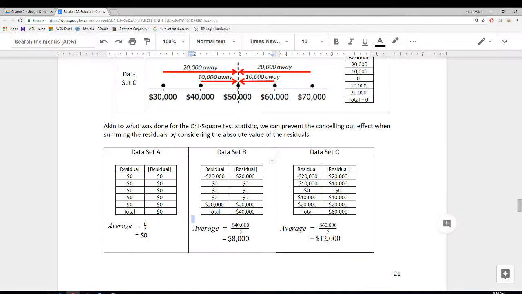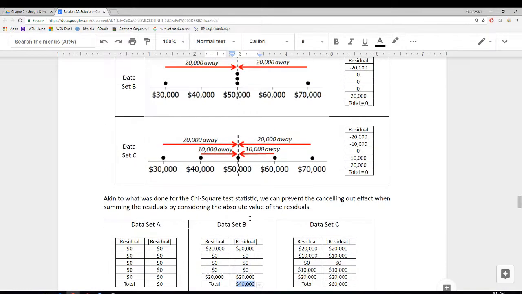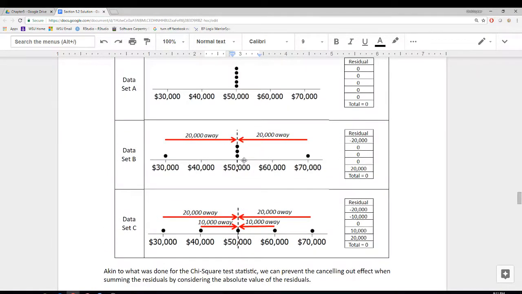Now notice when I add those up and get that total, I don't get that canceling out effect. For data set B, the total distance away from the middle is 40,000. I got 20,000 on the left side, 20,000 on the right side. So on average, how far away are the data points from the middle?